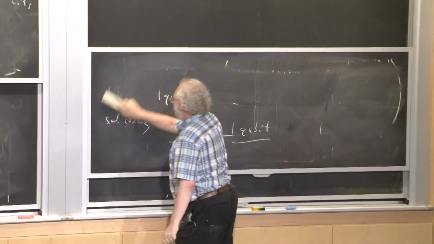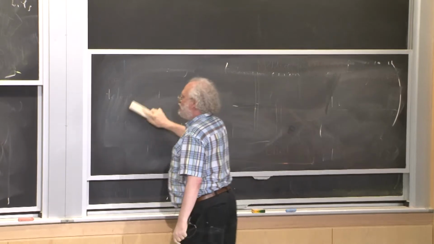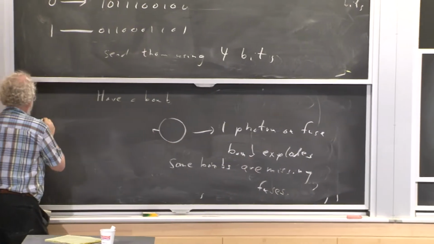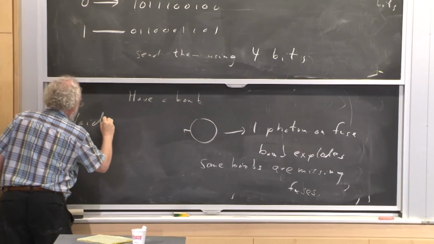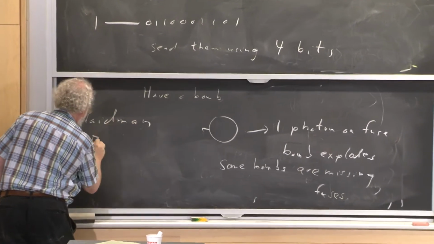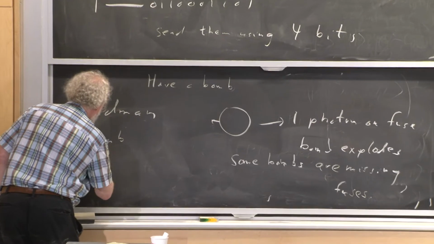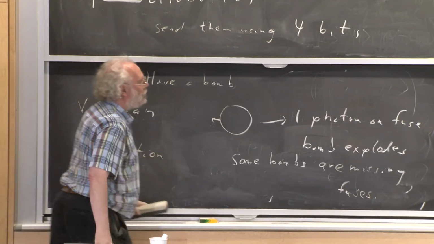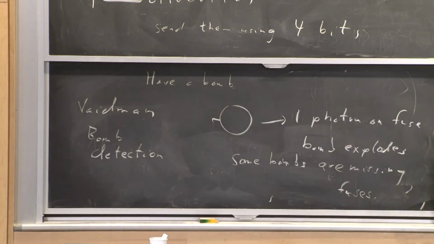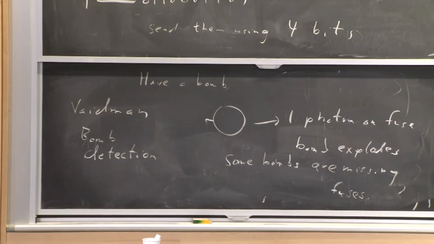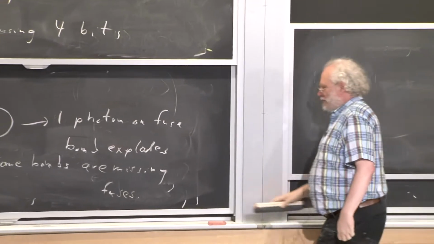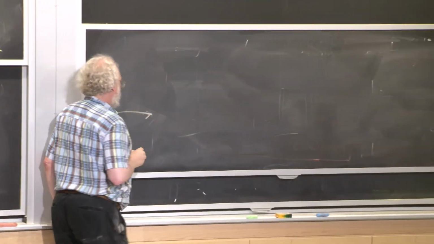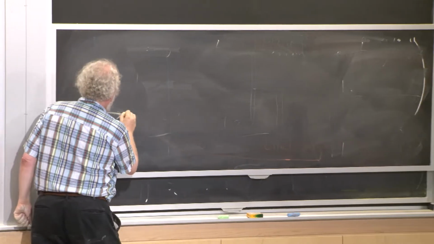What we're going to do is set up two half-silvered mirrors and a source of photons.